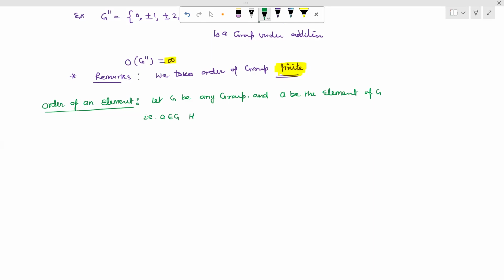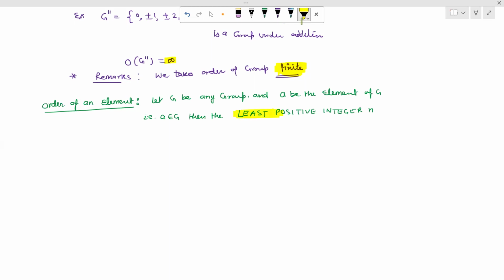Then the least positive integer n, remember this thing.